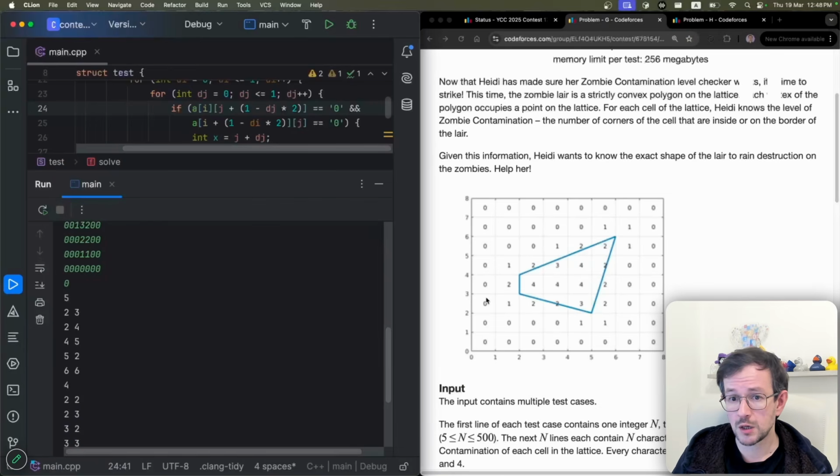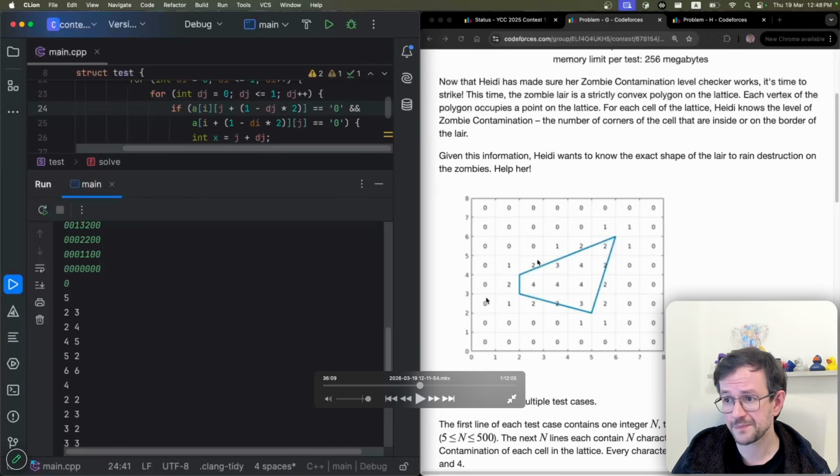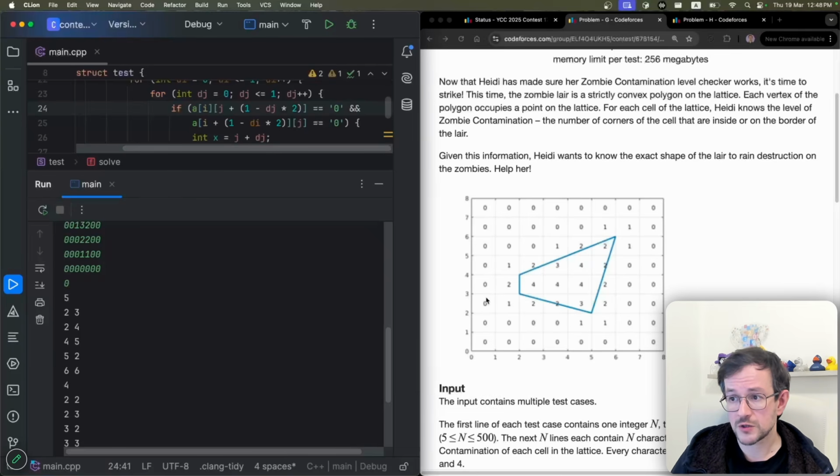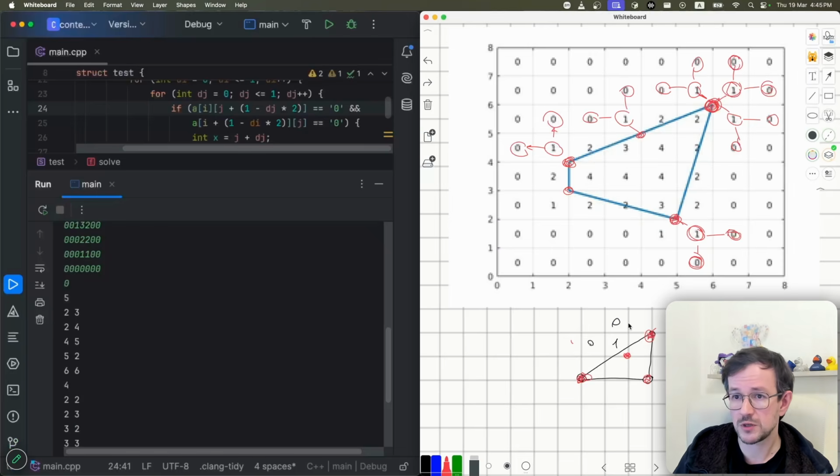Okay, now it looks more correct. So here is the list of all my candidates. For this picture, I have these 5 elements, including this middle point.